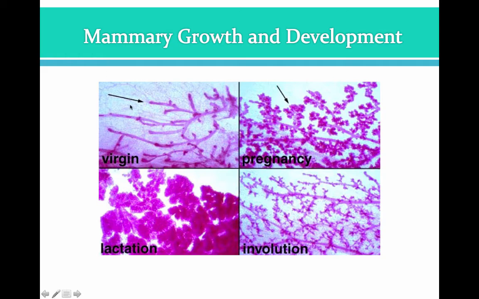Here you can see the virgin mammary gland, and you can see the little buds at the top that eventually give rise to the lobes, the alveoli. During pregnancy, you see that there's more development of the lobes and the alveoli. And then in lactation, they're fully developed and functioning. And then in involution, they're returning to the pre-pregnant state.